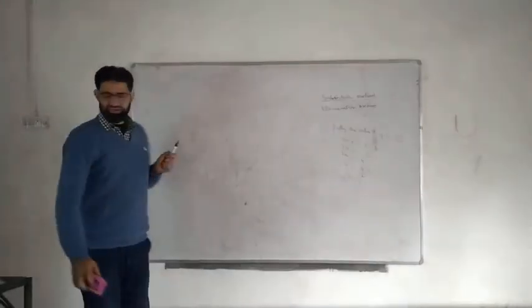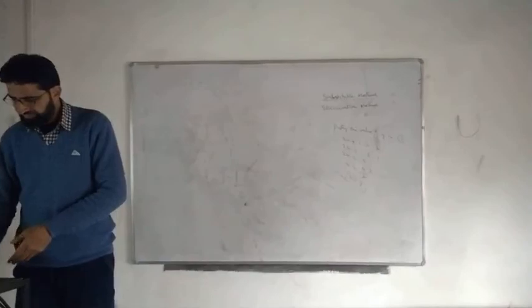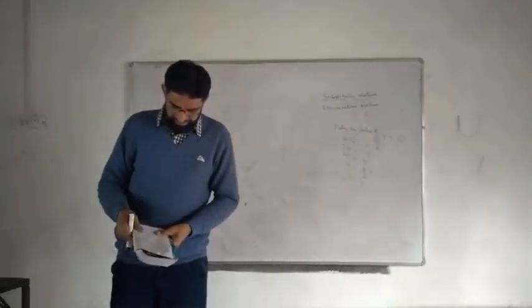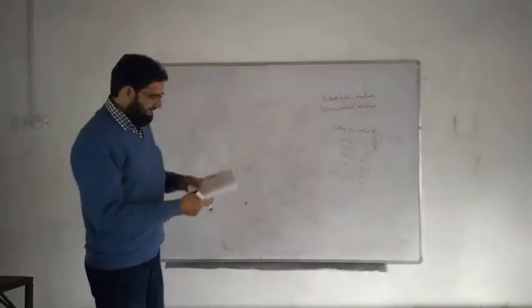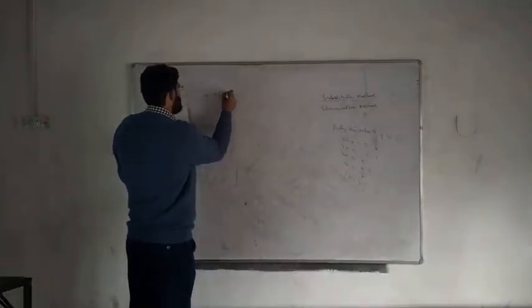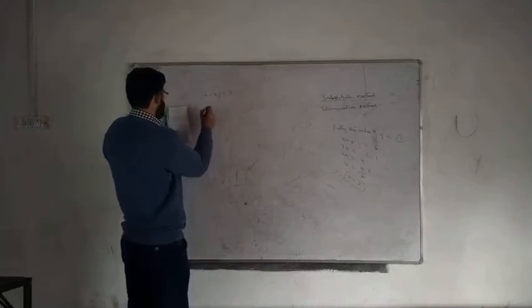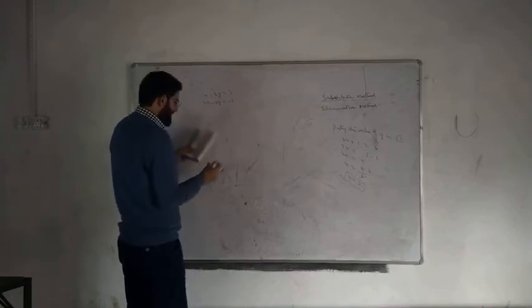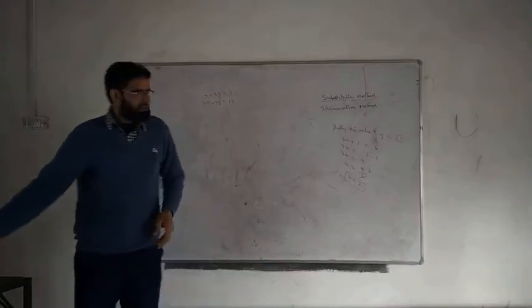And you can attempt all other questions at your places. Second question is x minus 3y is equal to 7, and the second equation is 3x minus 3y is equal to 15. So here I go.